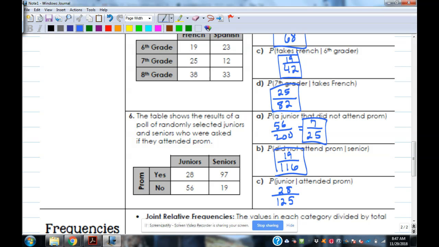Yeah, you add up all the people that went, because it says, given that they attended prom, so we're only looking at these people and picking the juniors out of that. Does that reduce? No, it doesn't.